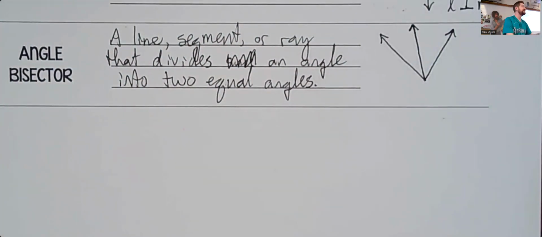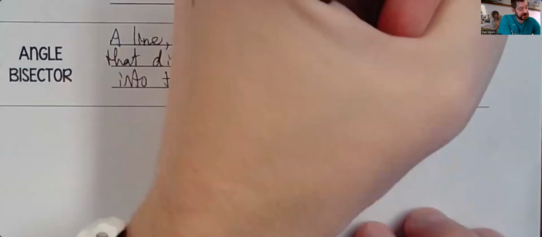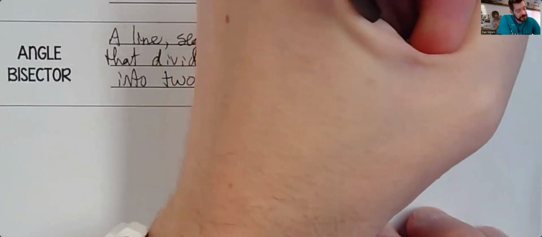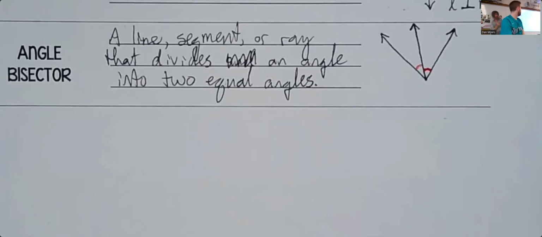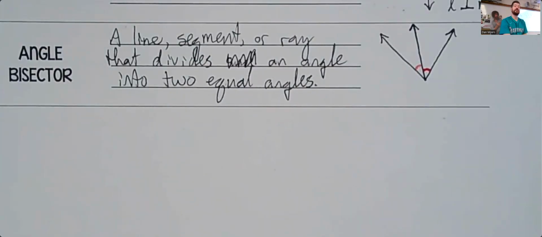However, the thing that we need to take from this is the fact that the large angle ends up getting cut into two equal angles because of that angle bisector. So this angle here is congruent to that angle there. So those two angles have the same measure. So basically, if the entire thing was 60, this ray splits it in half to create 30 and 30. That's what we're talking about.